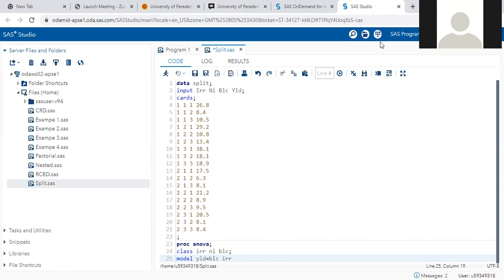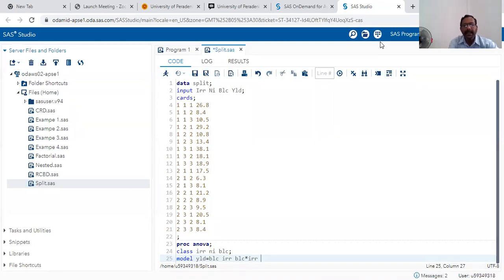Interaction between irrigation and block. Excellent. Good. So I'll put it as block into irrigation. So this is actually going to function as what? Error term. Right. Okay. So keep that in mind.